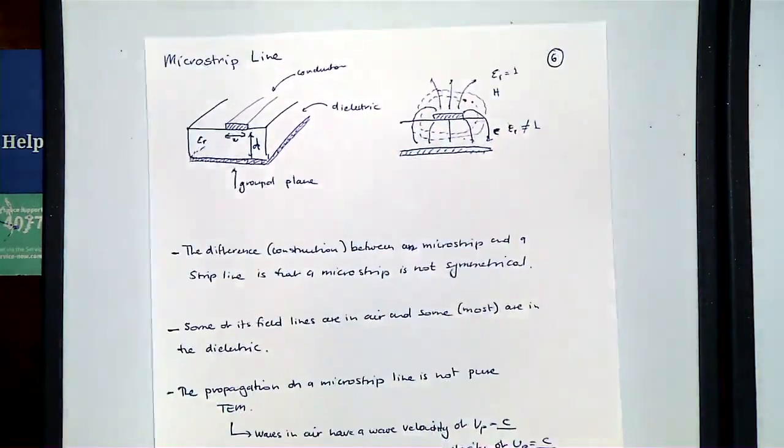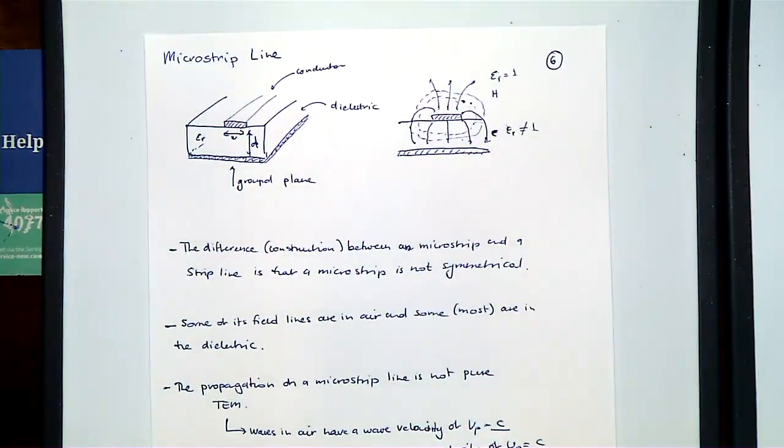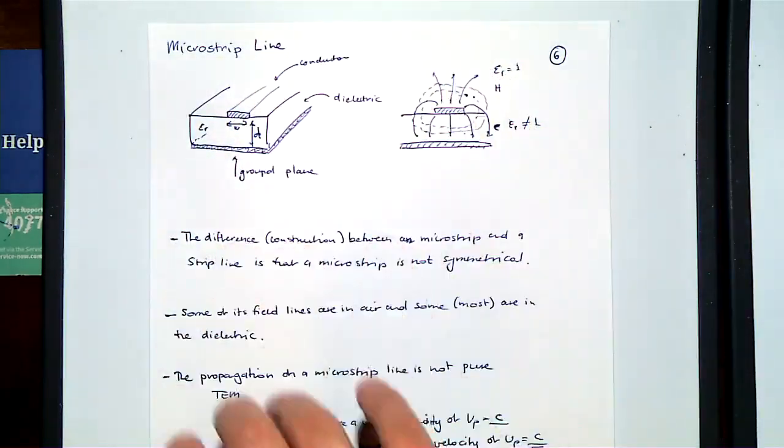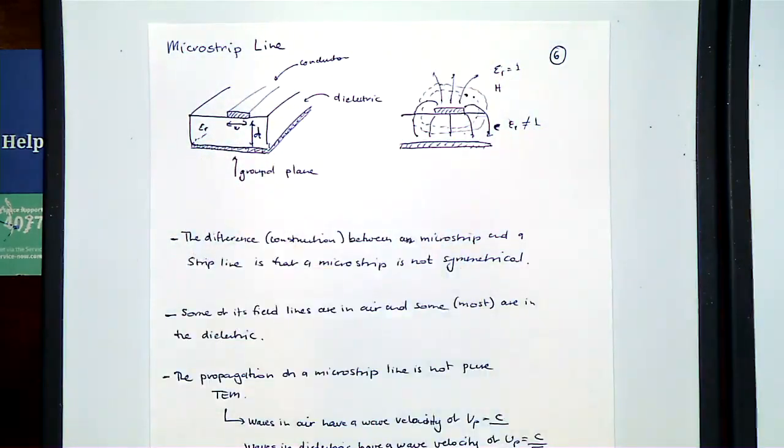All right. Then we went through and said, sometimes we can't build a strip line. Sometimes we want to route to the top of the PCB board or to the bottom. And under those circumstances, we don't have a symmetrical structure. We've actually just got a conductor on top of a ground plane, separated by a dielectric.